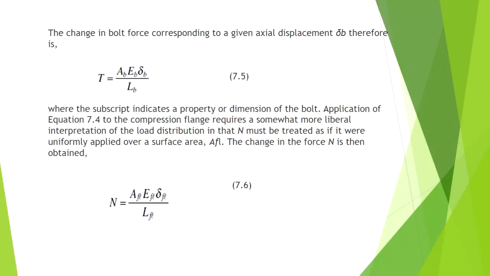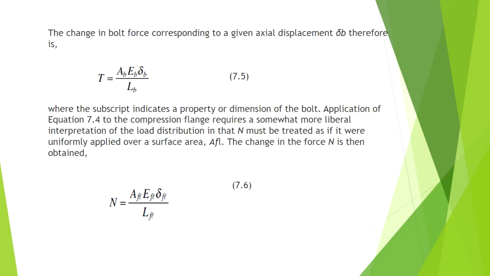The change in bolt force corresponding to a given axial displacement is therefore T equals AE times the displacement over the length, where the subscript indicates a property or dimension of the bolt.